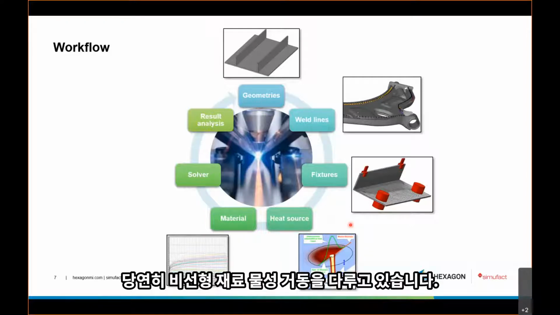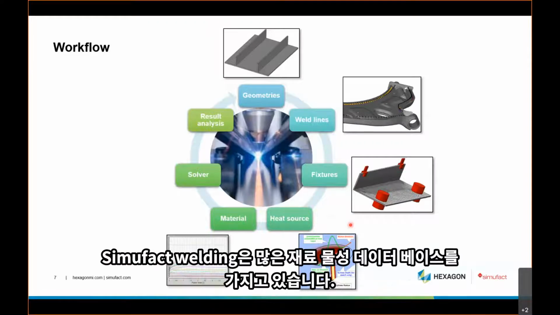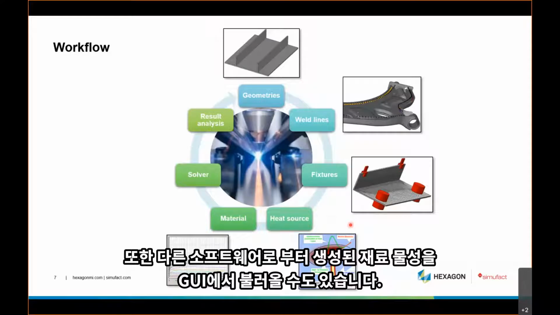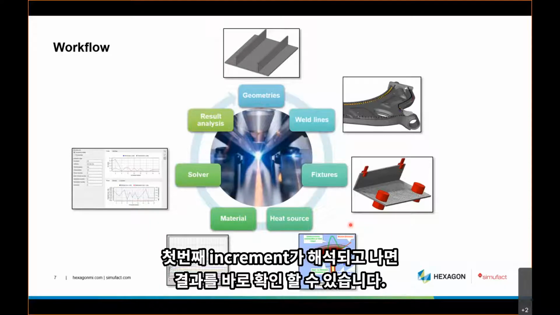Of course, since we are dealing with nonlinear material behavior in this case, you have to specify a lot of material properties. Luckily, Simufact Welding comes with a fairly big database, but we are also able to use third-party generated material models in our GUI. And then basically the model is set up, you give it over to the solver, and once you have your first increment, you get the results.